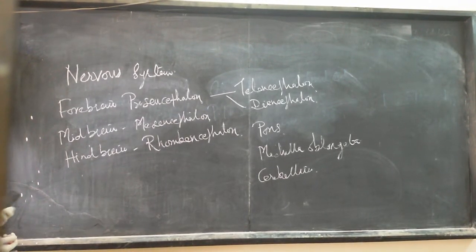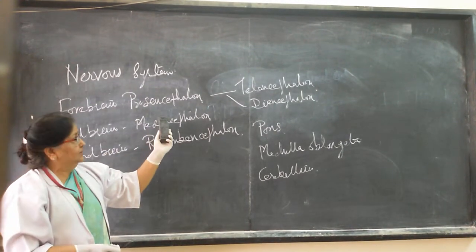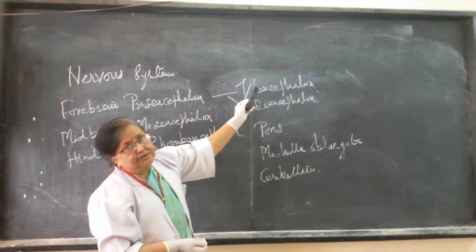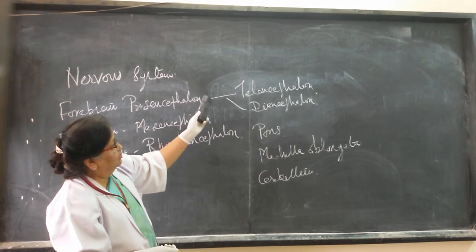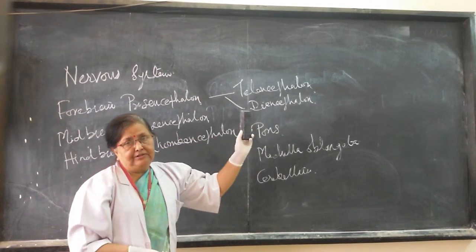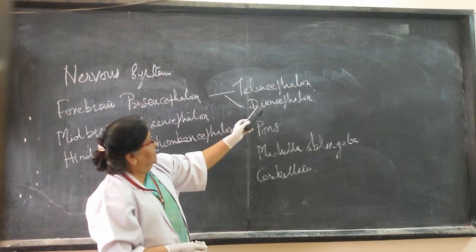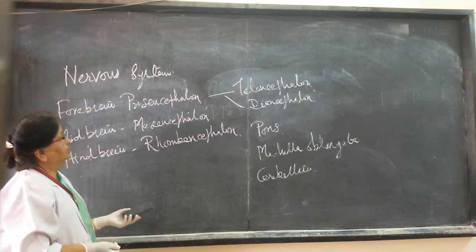In each of these parts, there are cavities known as ventricles. The telencephalon comprises the cerebral hemispheres, and in each cerebral hemisphere there is a cavity known as the lateral ventricle. The cavity present in the diencephalon is the third ventricle.